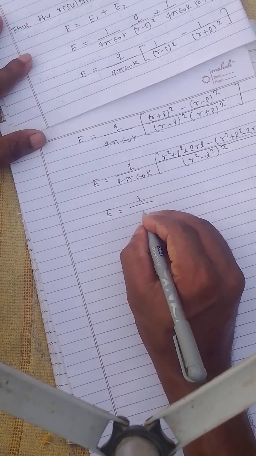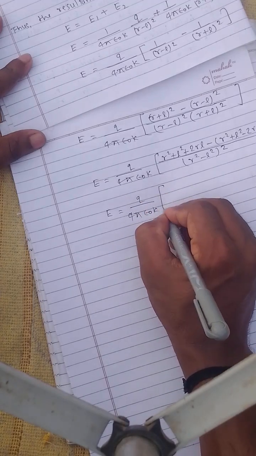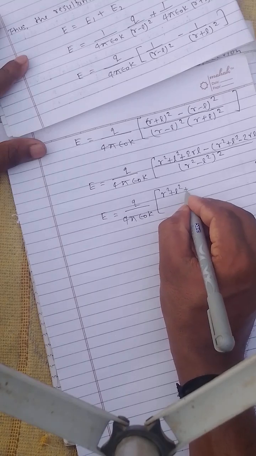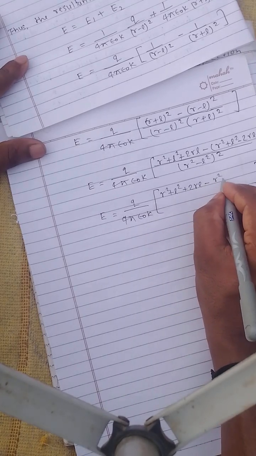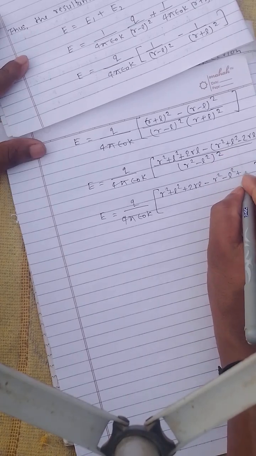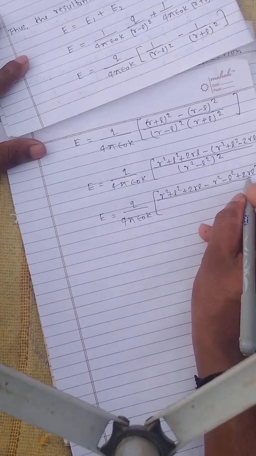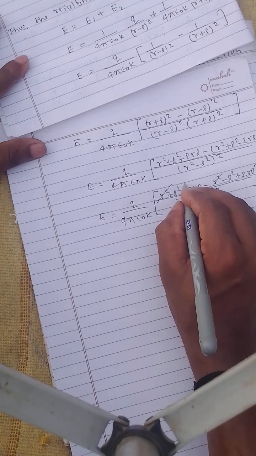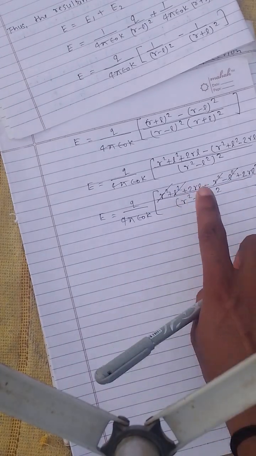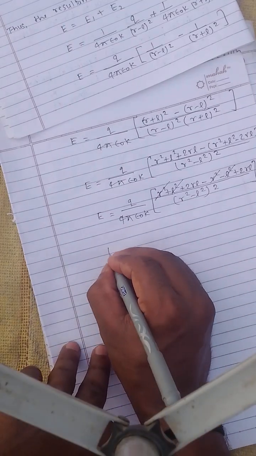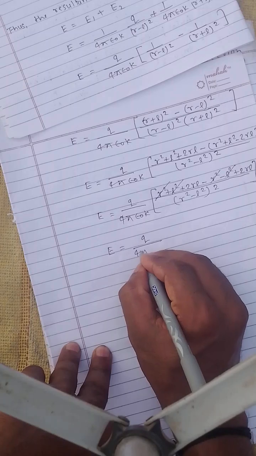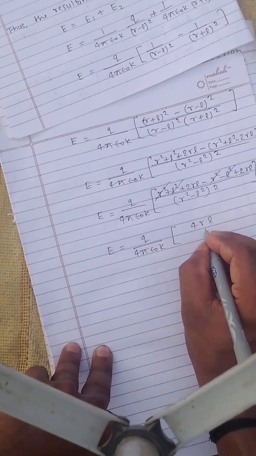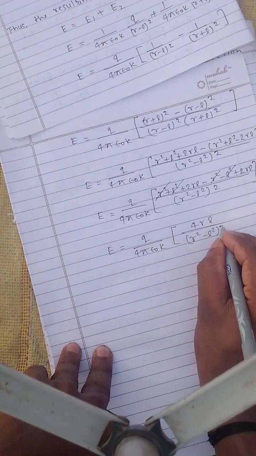So E equals q upon 4 pi epsilon naught into K, times 4rL upon (r square minus L square) whole square.